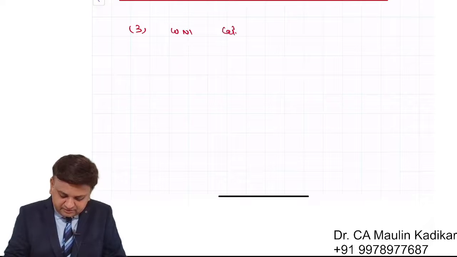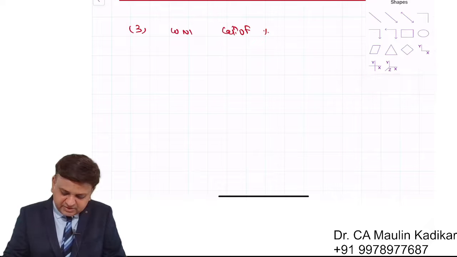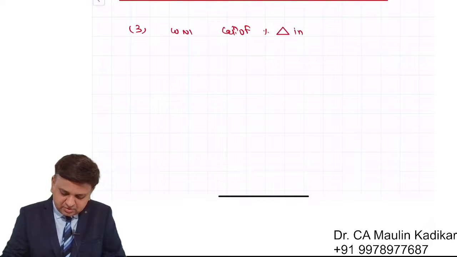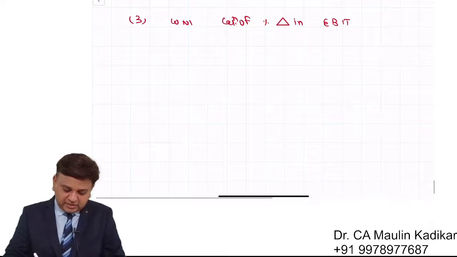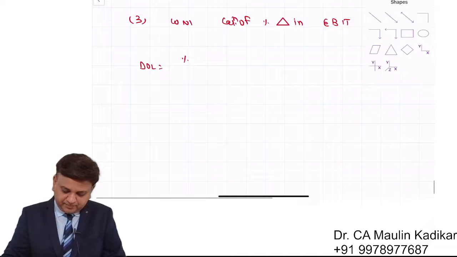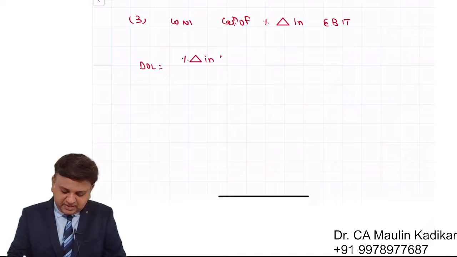Working note number 1, calculation of percentage change in EBIT. So in that, DOL is equal to percentage change in EBIT upon percentage change in sales.